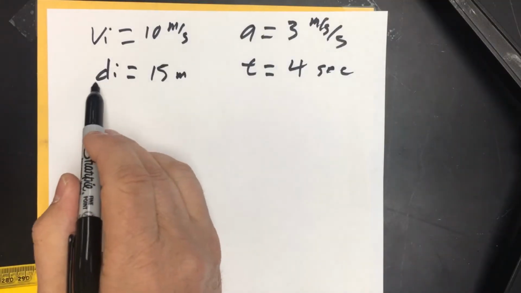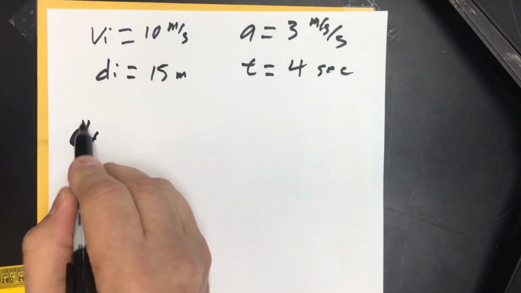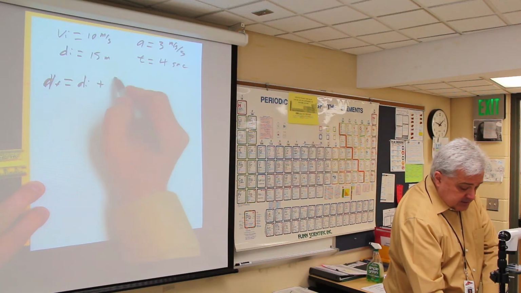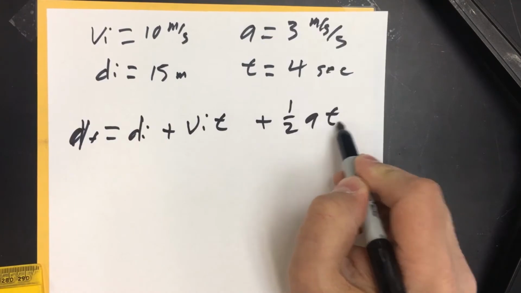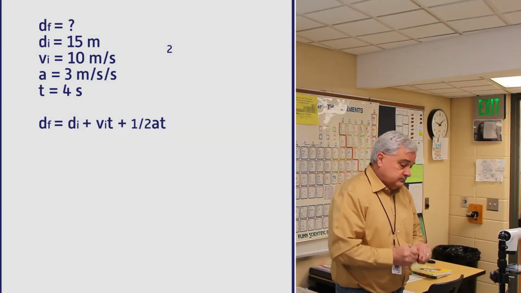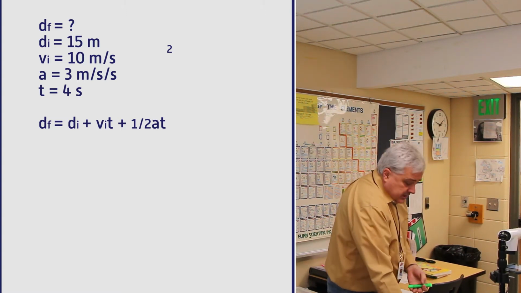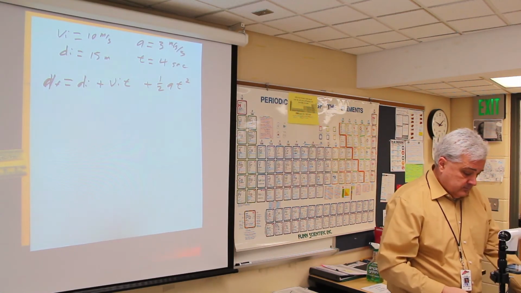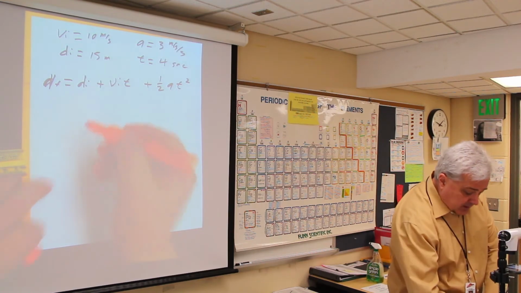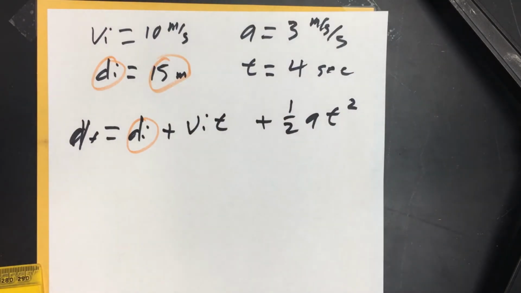Our question was, what's the final distance given these variables up here? So d sub f equals d sub i plus v sub i t plus 1/2 a t squared.